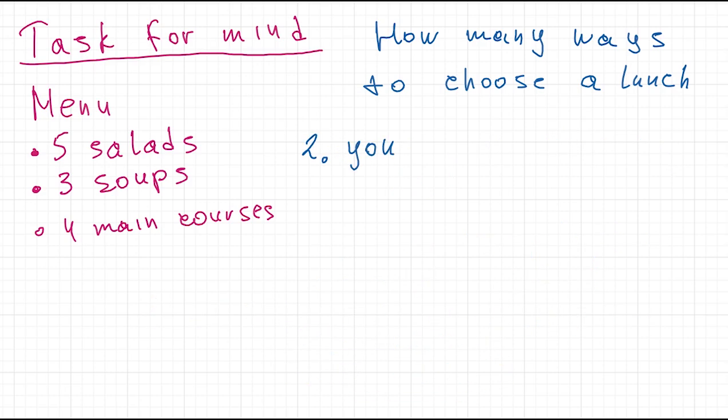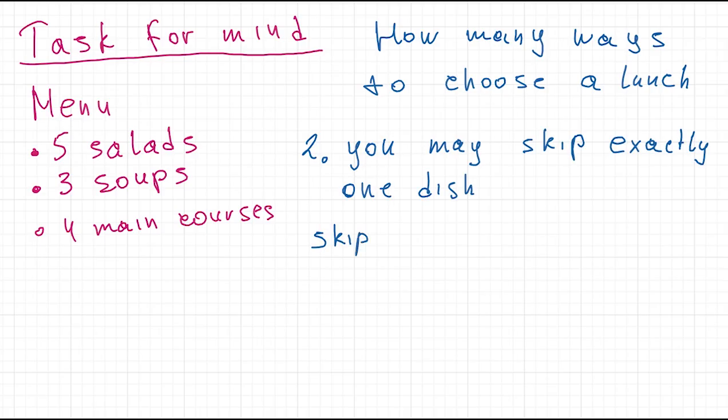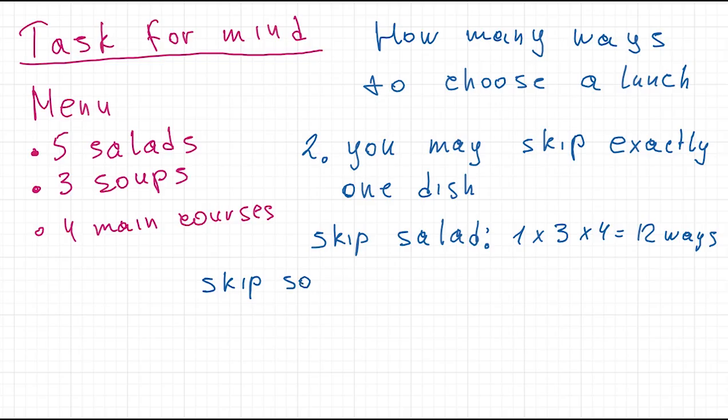How many ways to choose a lunch if you may skip exactly one dish? We can skip exactly one of 3 sections, or skip none. If we skip salad, we get 1 times 3 times 4, that is 12 choices. If we skip soup, we get 5 times 1 times 4, that is 20 choices.